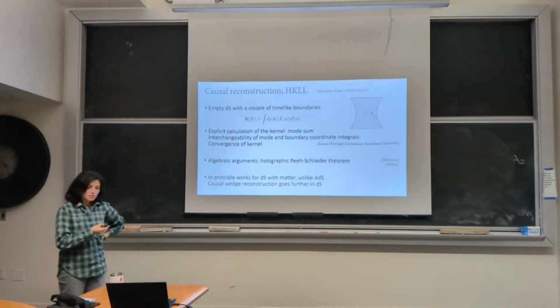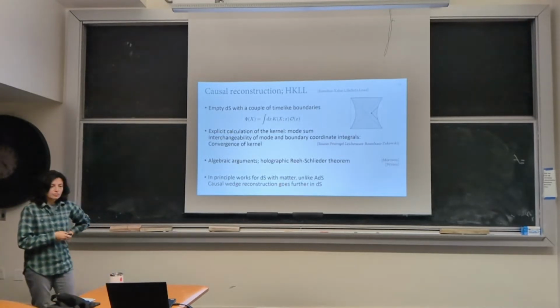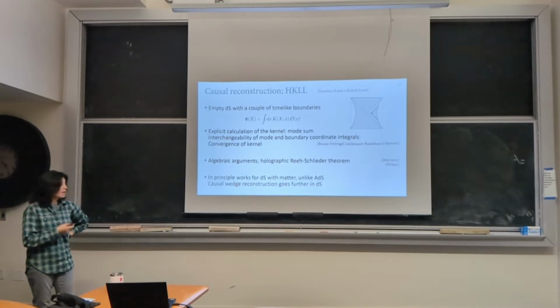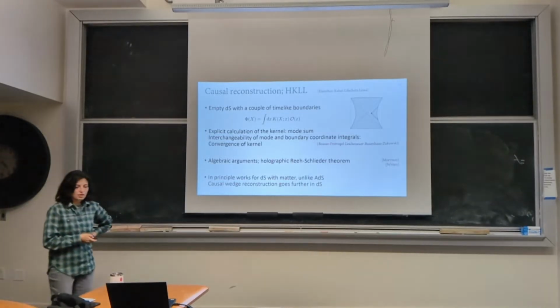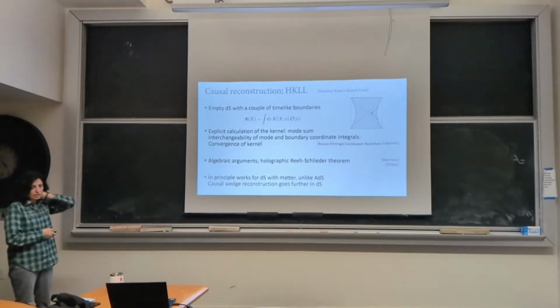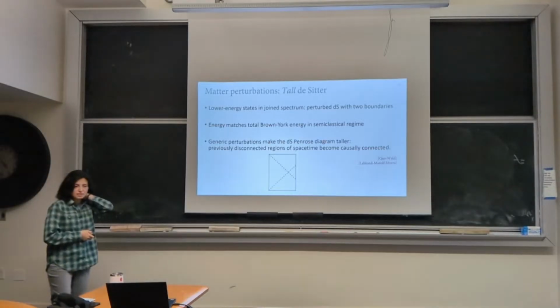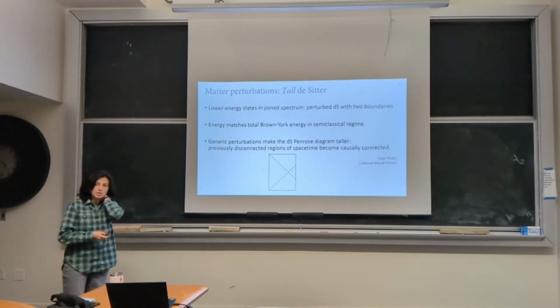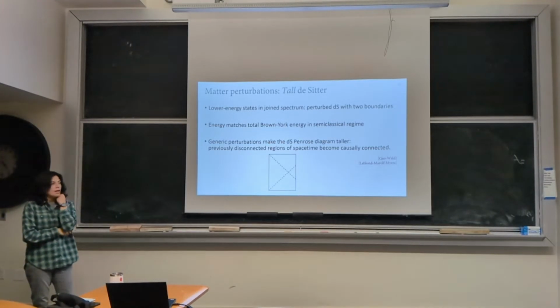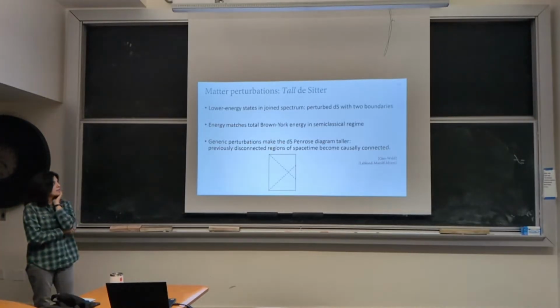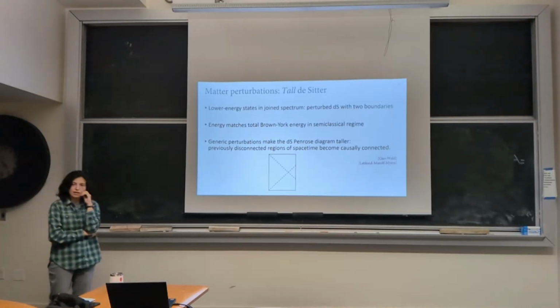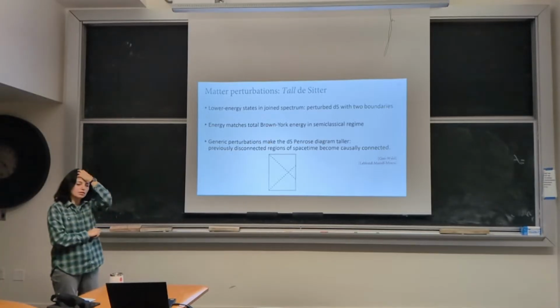If we perturb the de Sitter space with matter, causal reconstruction still works and goes further into the de Sitter space, unlike in AdS, as I explained. But let's just consider the de Sitter space that is perturbed by matter fields. These states are some lower energy states in the joint system that we started with.